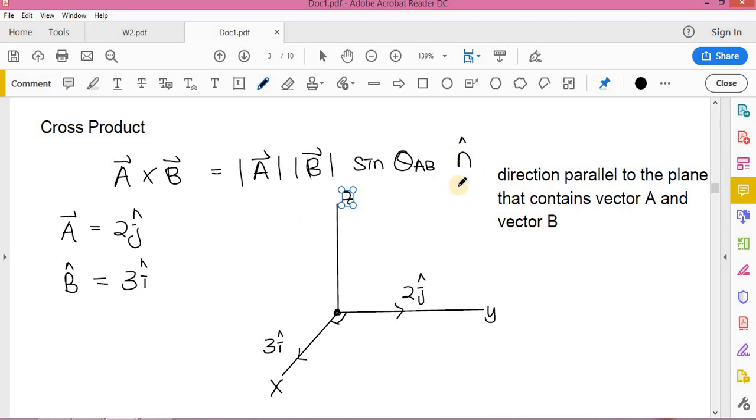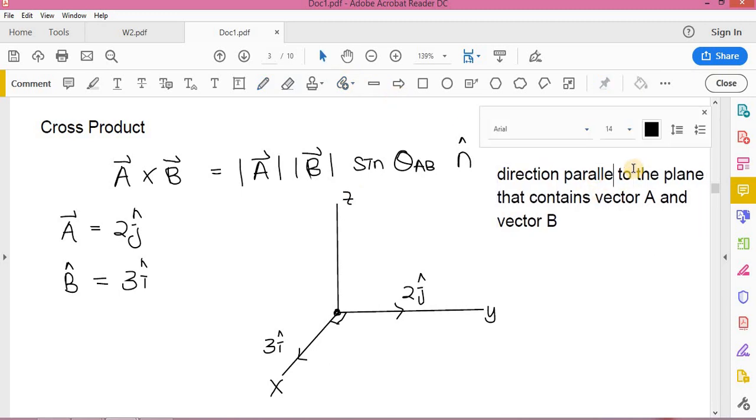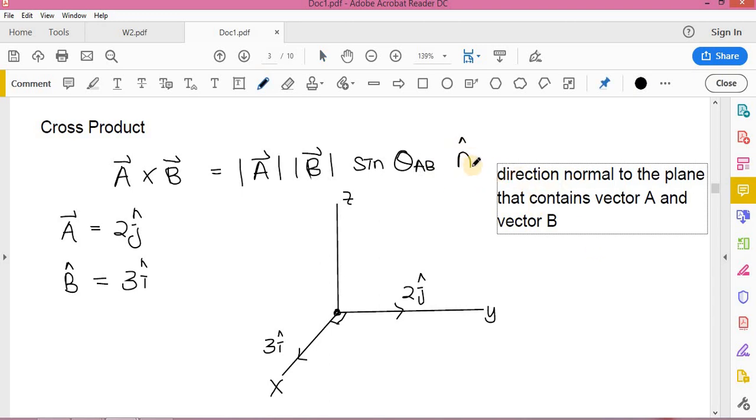Now I'm going to explain what this is. It is a direction, meaning that it is I, J, or K, or a combination of I, J, K. Sorry, this shouldn't be parallel; I should correct it. This one should be normal. So unit vector n is a direction that is normal to the plane that contains vector A and vector B. You have vector A here, vector B here, so the plane will be here.